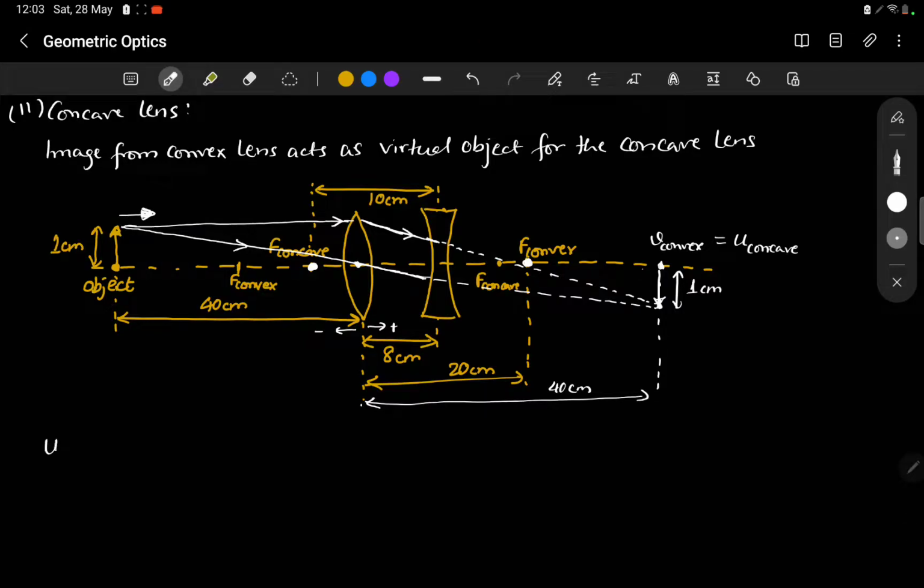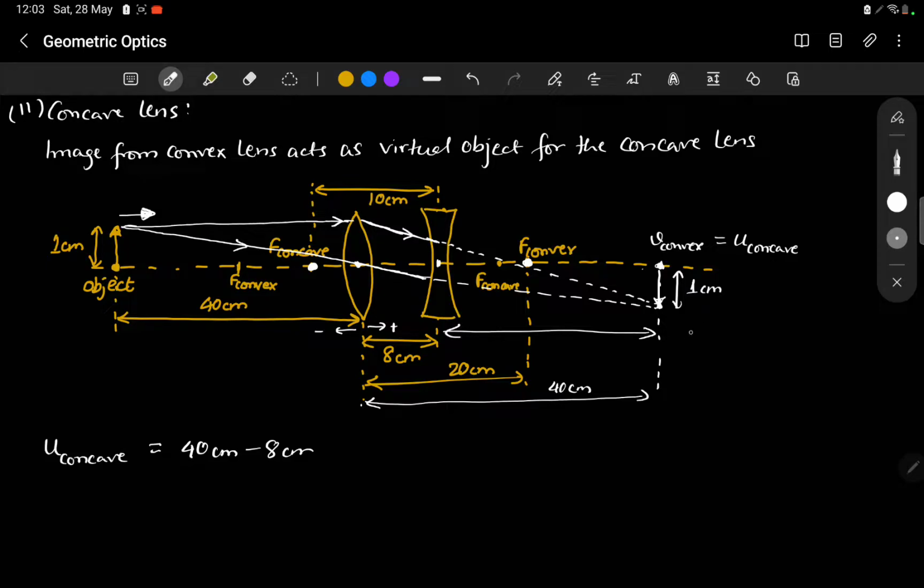So we have this distance right here from the object to the pole of the concave lens, which would be the object distance. So that is going to be 40 centimeters minus 8 centimeters. 8 centimeters is this separation, so it is 40 centimeters from here. Subtract the 8 centimeters, then you would get this distance.